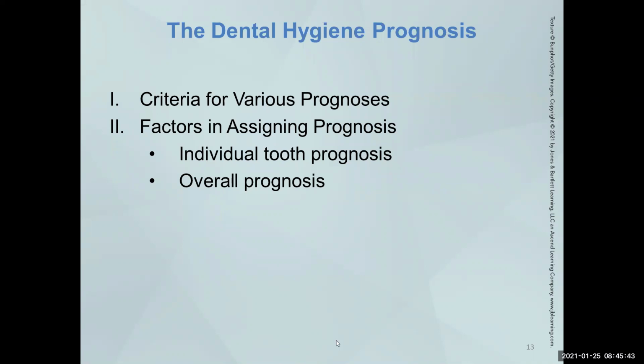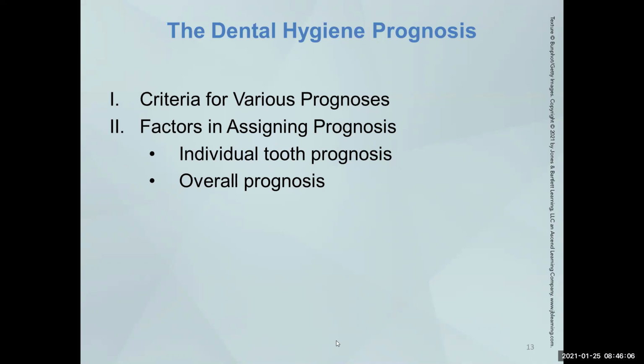Let's not risk it breaking below the gum line. Let's go ahead and put a crown on that tooth now to protect it. Because if it breaks below the gum line, which we can't predict, then you will need a root canal, crown lengthening, or you'll need to have the tooth extracted and you'll need an implant.